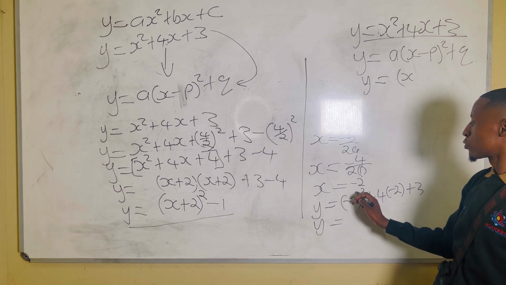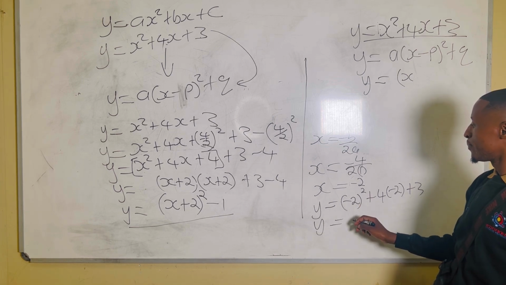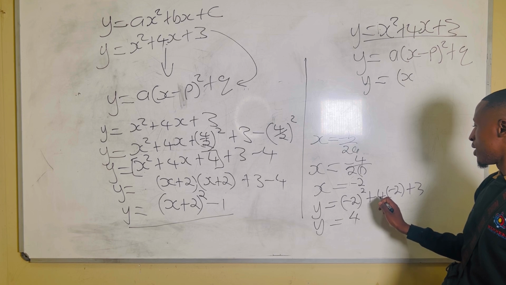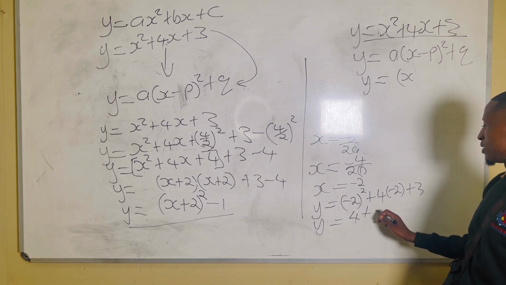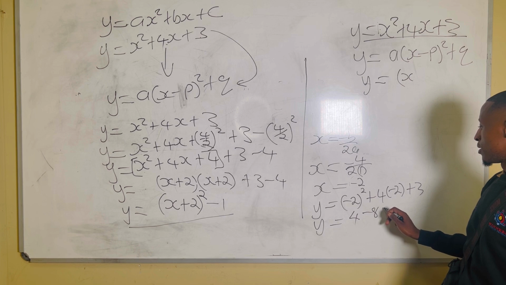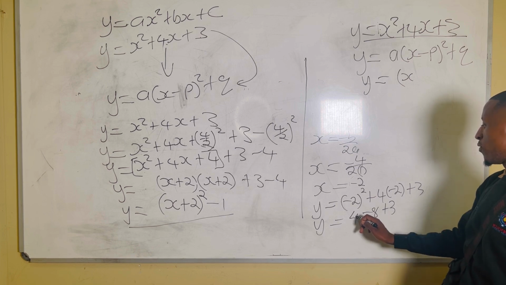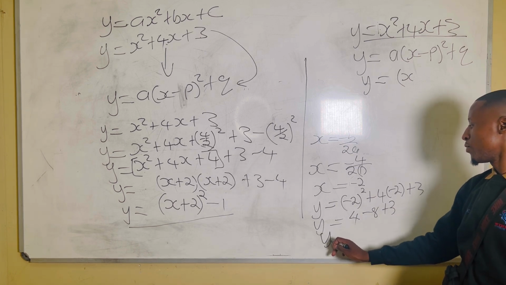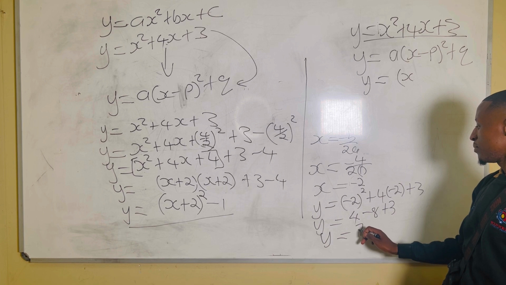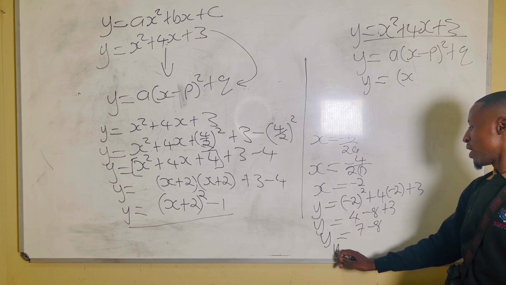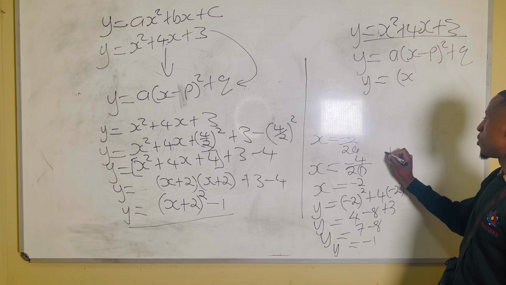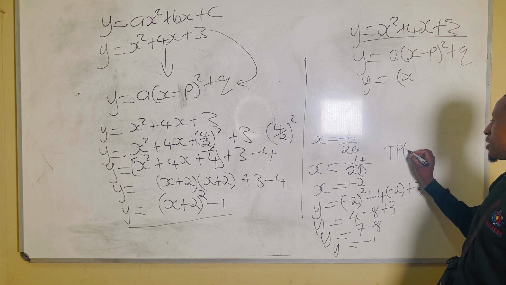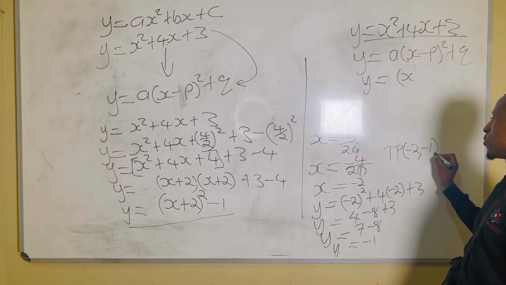Negative 2 squared will give you a 4. This and this will give you negative 8 plus a 3. 4 plus 3 will give you a 7. 7 minus 8, your y will end up becoming negative 1. Meaning the turning point that we have is going to be negative 2 and negative 1.